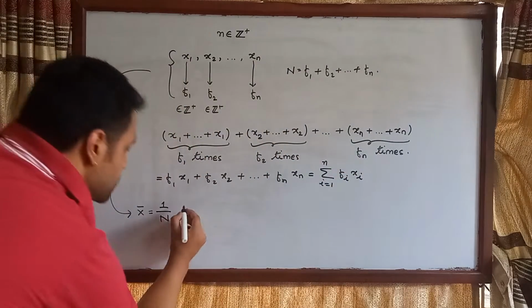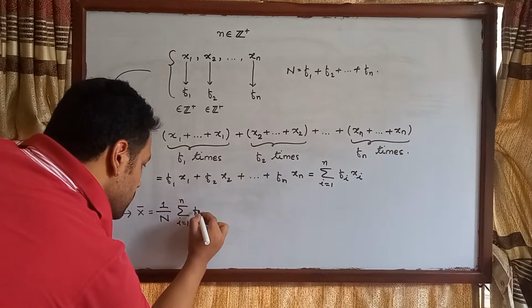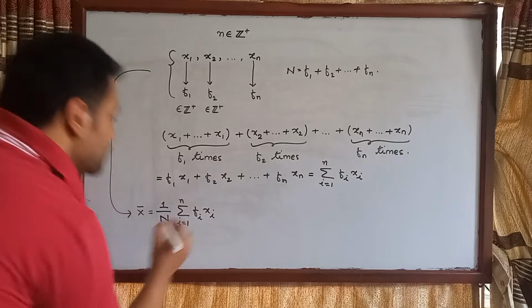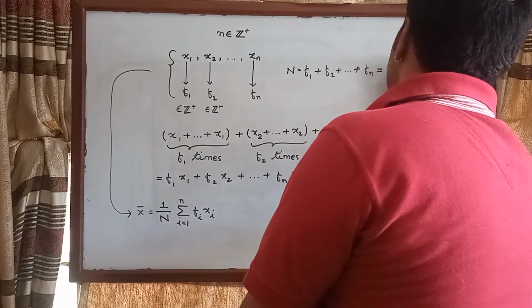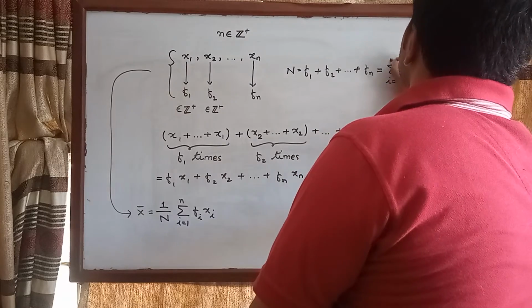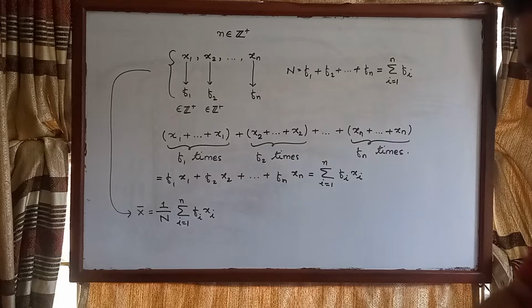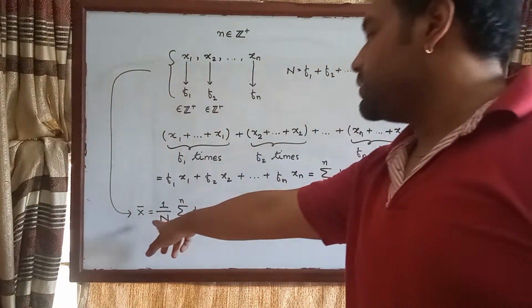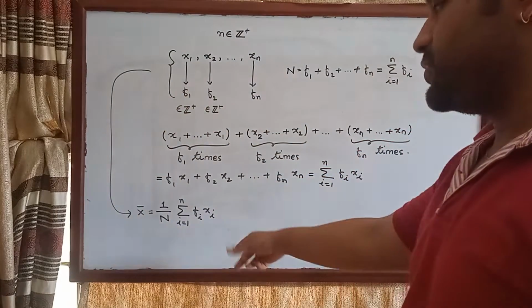So this is how the formula for the arithmetic mean of a frequency distribution is obtained.